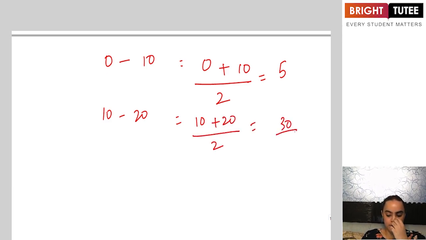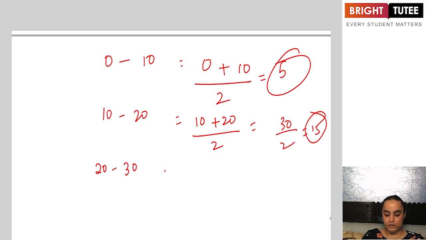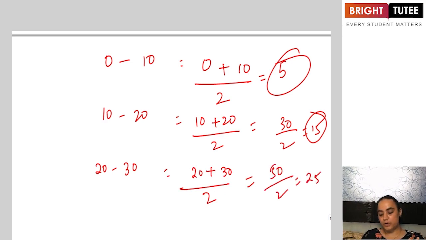So 30 divided by 2, which is 15. The third class interval, 20 to 30, so lower limit plus the upper limit divided by 2. So 50 divided by 2, it is 25. So this is how we calculate the midpoints in case of a continuous series.